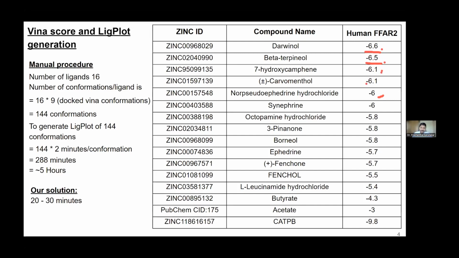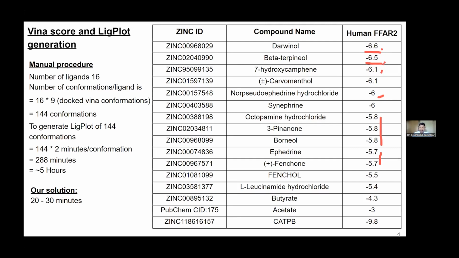Both these molecules have the same Vina score, minus 6.1. Again, minus 6.1 and minus 6 is no significant difference. Here all three have the same. So which one is our candidate to go for the next wet lab analysis?